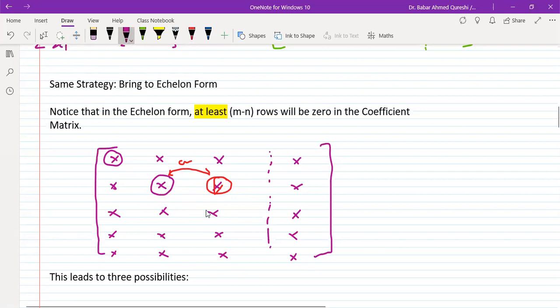Then in the next row, your only possibility is that your lead number is over here, but this could also be 0 as well. But at maximum, your lead numbers are equal to the number of rows, because in each next row you slide it by 1. It is equal to the number of columns.